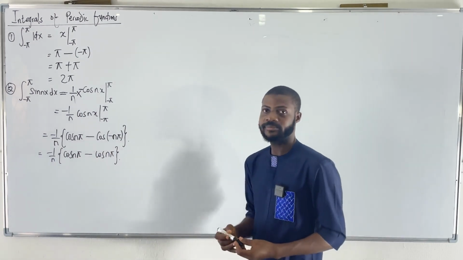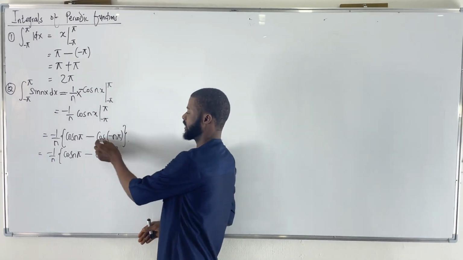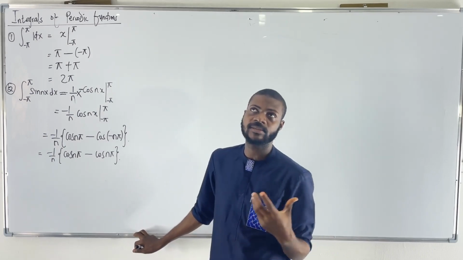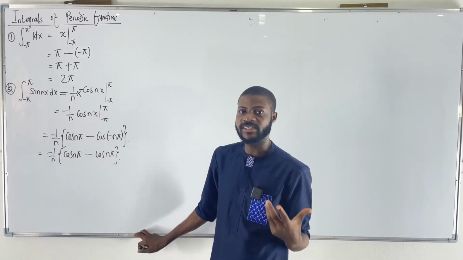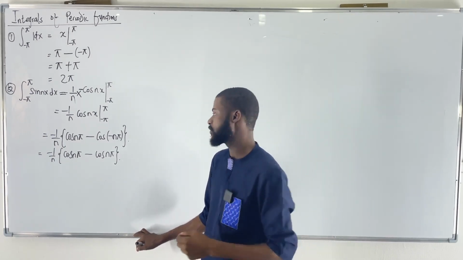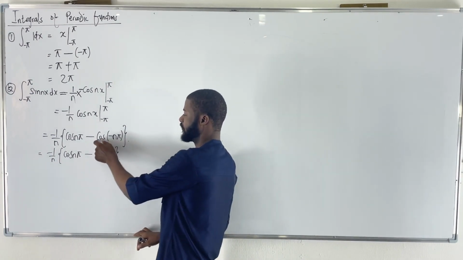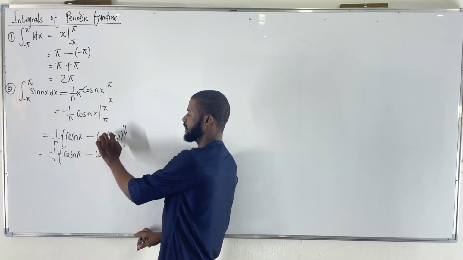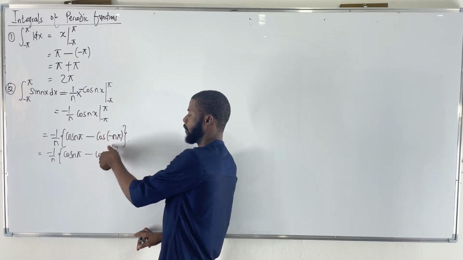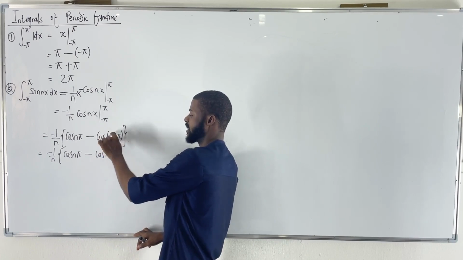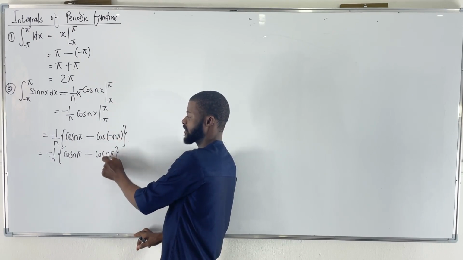Take note that cosine is an even function. You're going to learn about this in future problems. I'm going to make separate videos about even and odd functions. So cosine, if the angle is negative or positive, it doesn't matter. So minus n pi is the same thing as n pi.